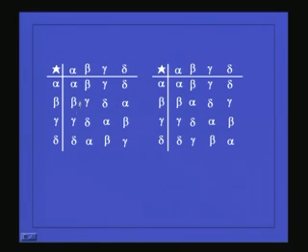In this one, alpha is the identity element and gamma is its own inverse, beta is the inverse of delta and delta is the inverse of beta. In this table, alpha is its own inverse, it is the identity element, beta also is its own inverse, gamma also is its own inverse and delta also is its own inverse.